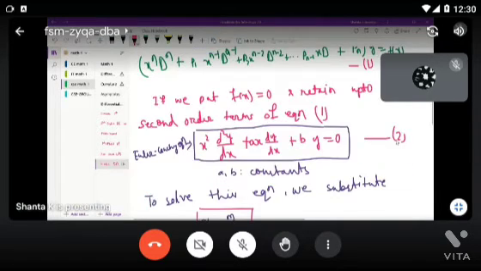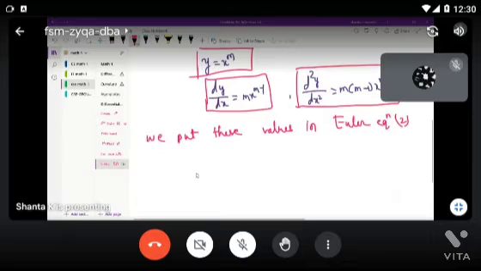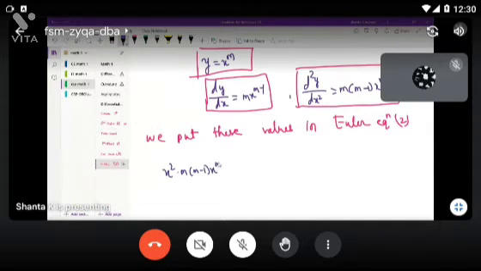So x square, then d square y by dx square, we can put m into m minus 1 into x power m minus 2. Then a x into dy by dx will be m x power m minus 1. Why are we doing this? We need the auxiliary equation. Then we have b y equals to x power m, equals to 0.